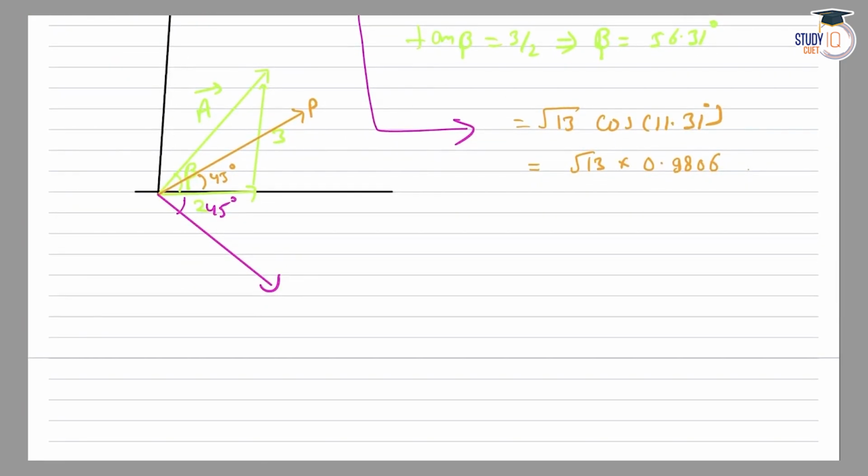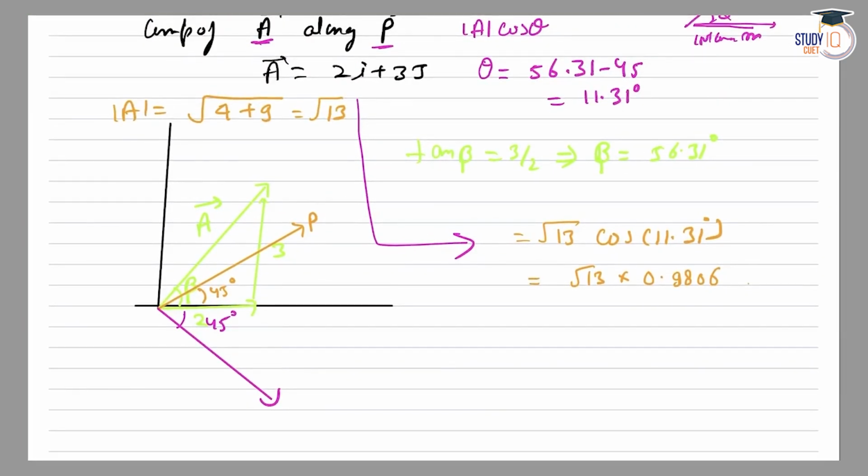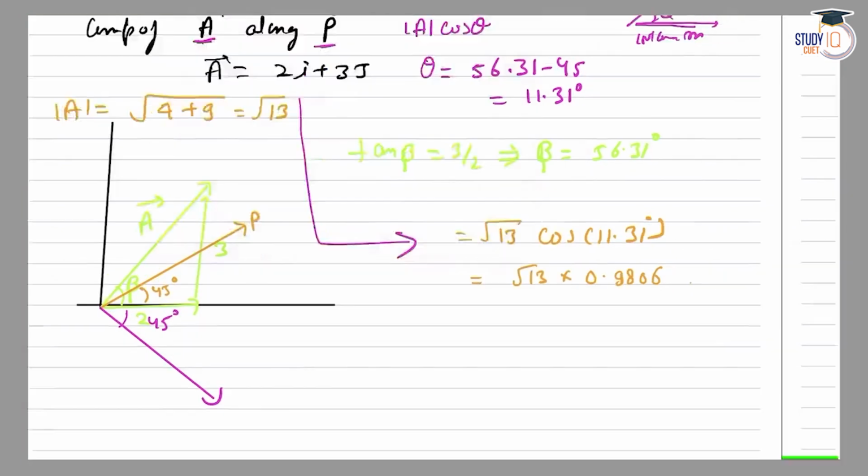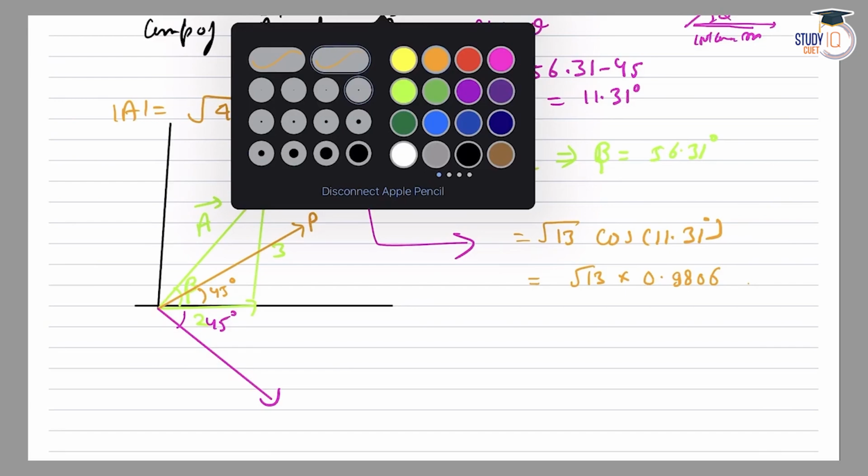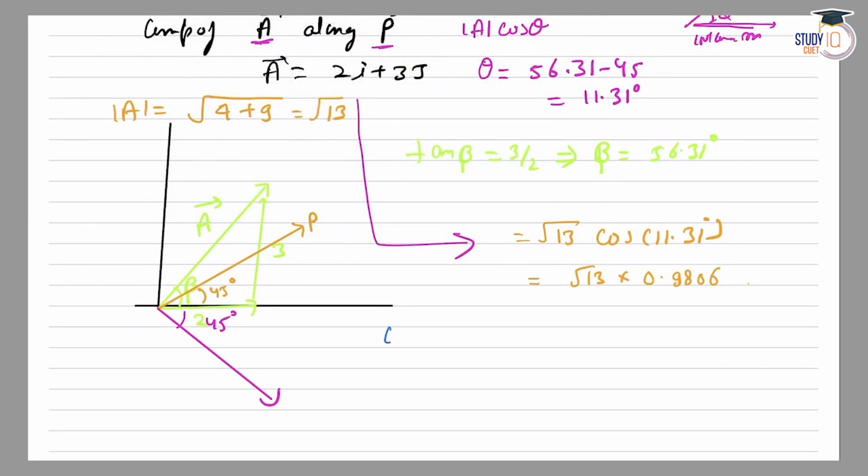And the other part is the component of a along the q vector. The component of vector a along q can be written as mod a cos gamma.